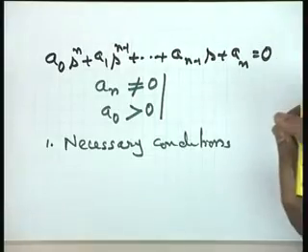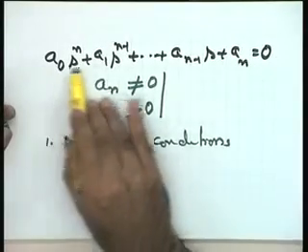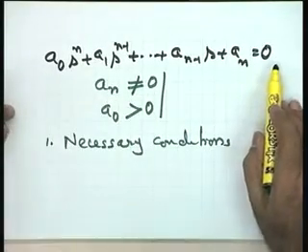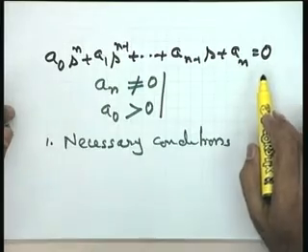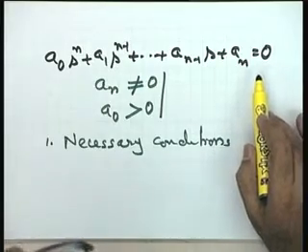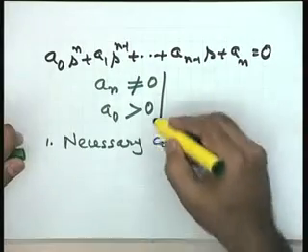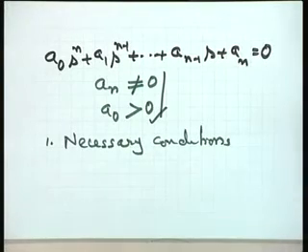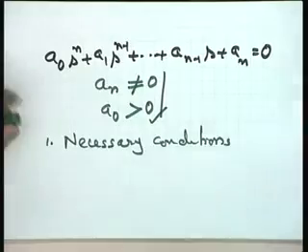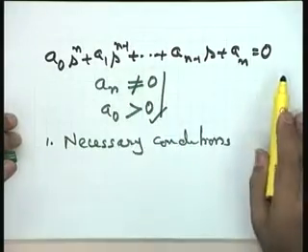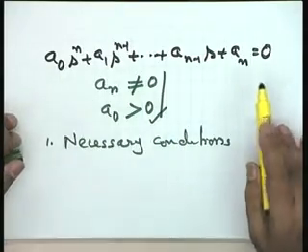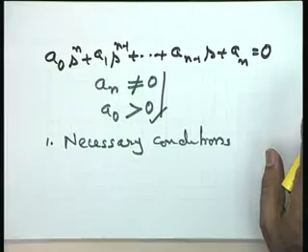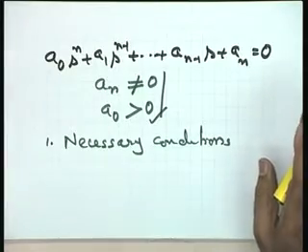The necessary condition is this, that all these coefficients in this particular polynomial must be positive. Now, I am making the statement positive under the assumption that a naught is greater than 0, otherwise I would have said must be of the same sign, that is all. So, now I can make a statement that all these coefficients of the characteristic equation must be positive for the system to be stable, okay, and this can easily be established.